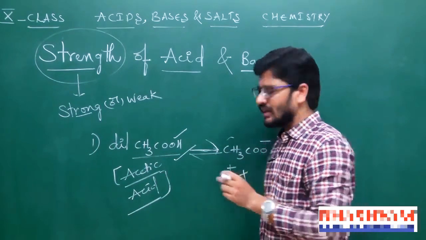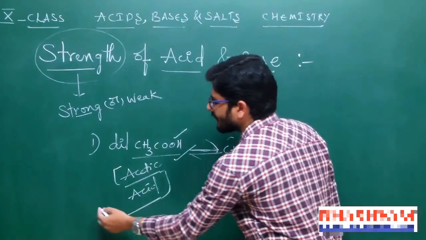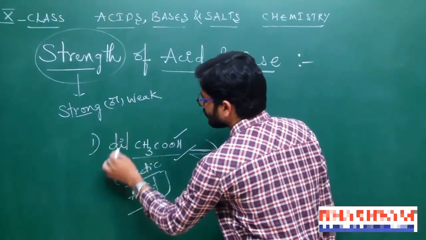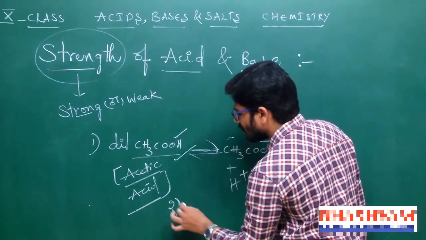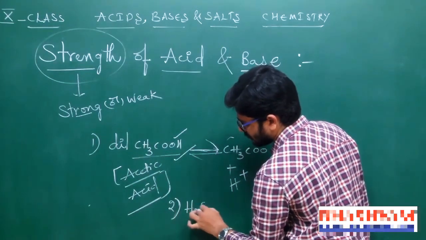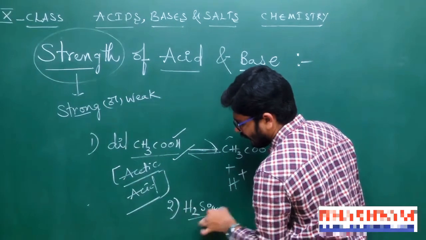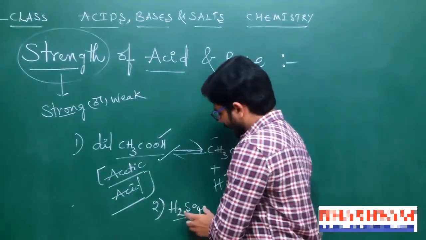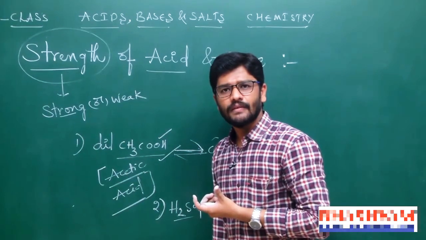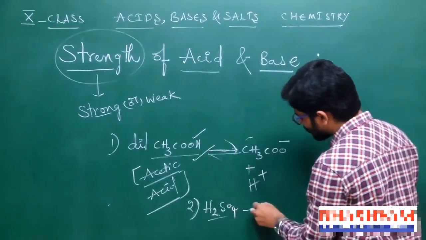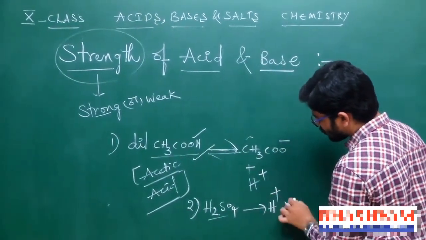Okay students? Similarly, now I consider in that activity the H2SO4 solution. Already we have seen that one. We consider H2SO4 solution in that experimental setup. Then this sulfuric acid dissociates into H plus ions and SO4 2 minus ions.